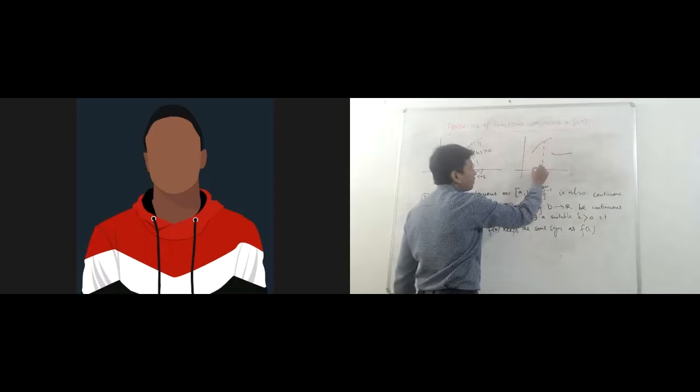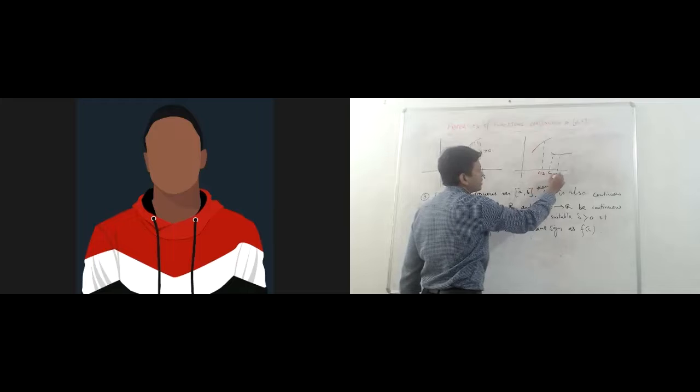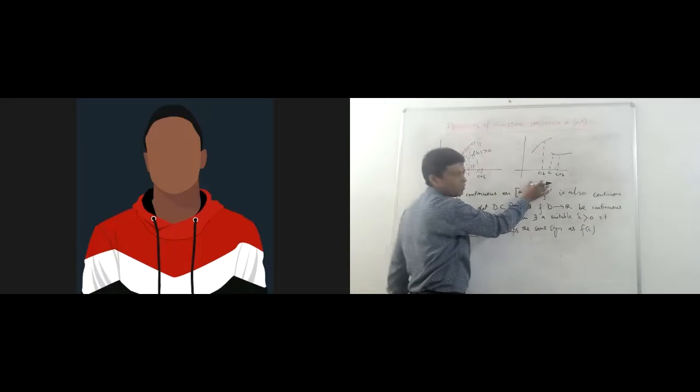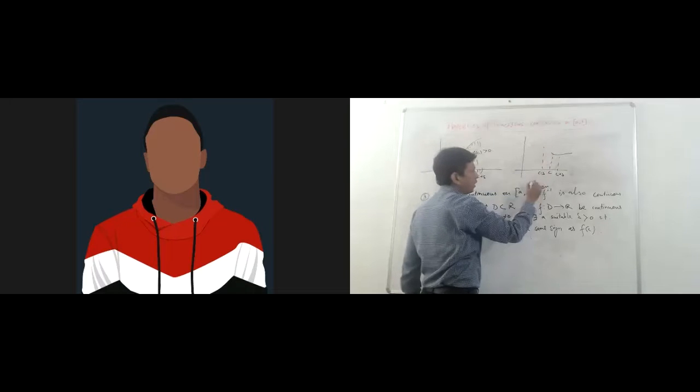If you take the interval c minus delta, c plus delta, you see it may not keep the same sign. This branch may be here also, so it's negative. But because of the continuity property, it keeps the same sign in that interval.